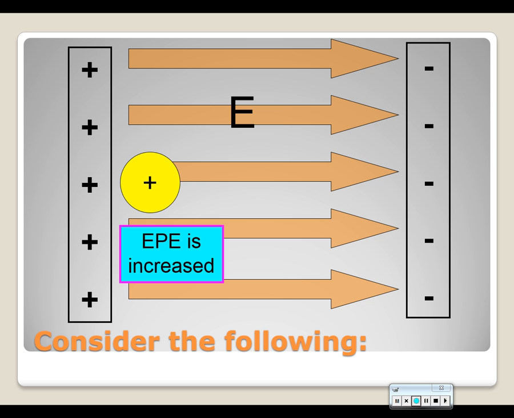Good there? Next, right? Let's say that this side over here, where all the positive charges are, doesn't exist.